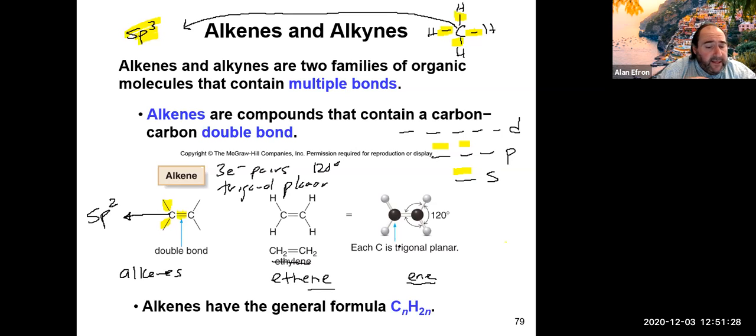One important thing is when we were numbering and naming things with alkanes, it was the groups that were the priority. It is actually the double bond that's the priority here in terms of numbering. So when you go to name some of these, you would number whichever way gives the double bond the smallest number.